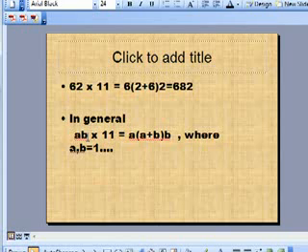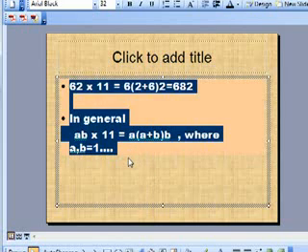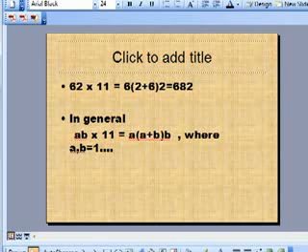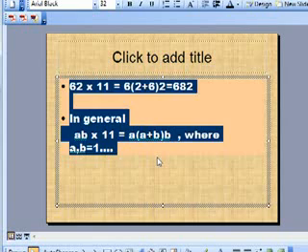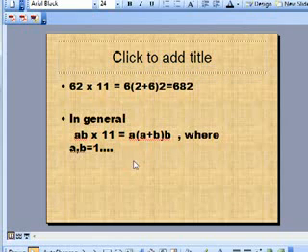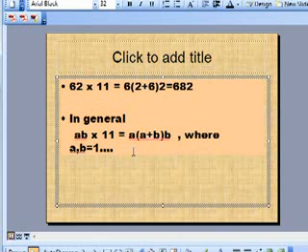Okay, so the general rule: ab, where a, b are 1, 2, 3, etc., multiplied by 11 gives us a, a plus b, b. There is a condition, like in the second example I showed you.